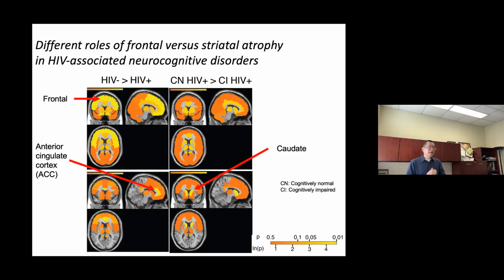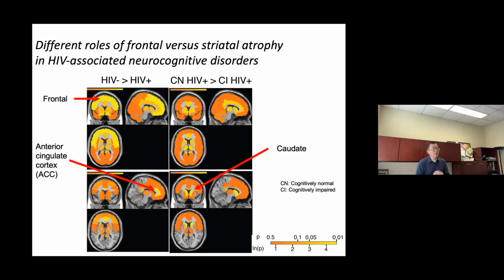But since cART became available, there are some ideas suggesting that the profile of the injury is more likely associated with the frontal region. The subcortical region is no longer as important as in the pre-cART era.